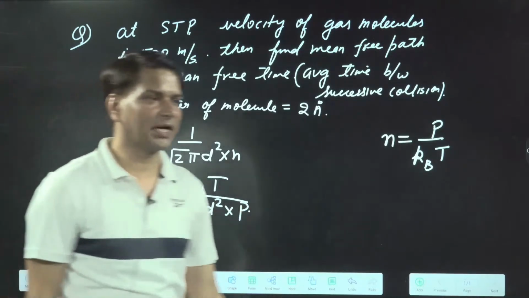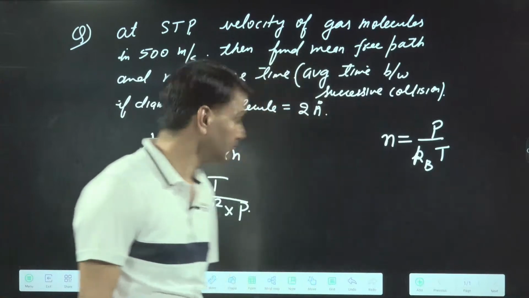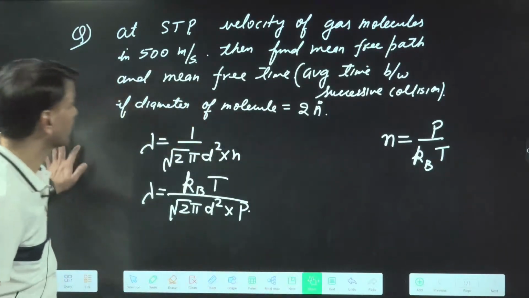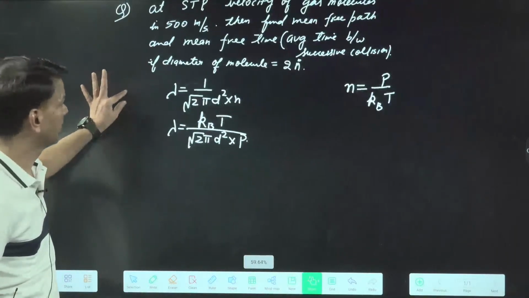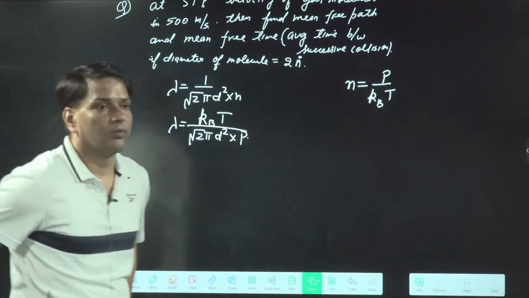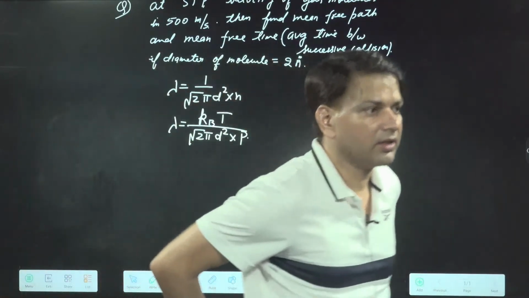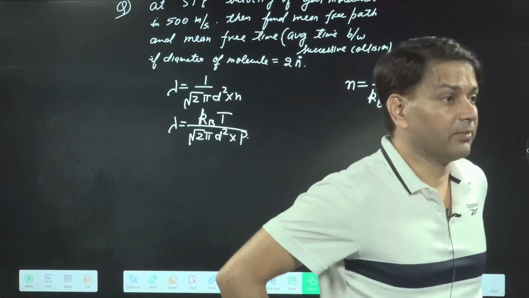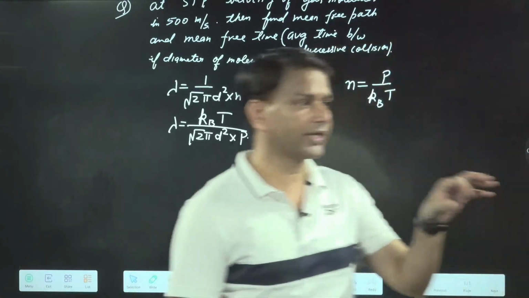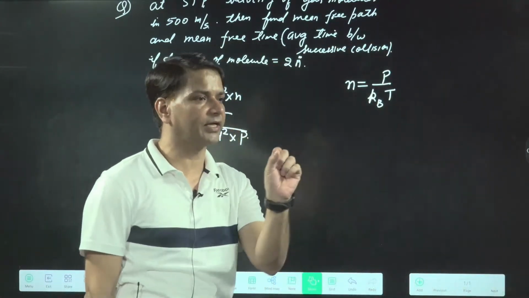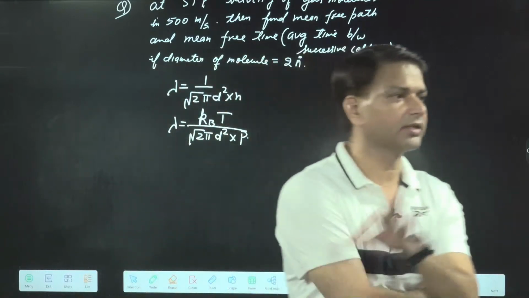Now STP pressure, what pressure will you put? Tell fast. 1 atm. But like R value, K value we are using 1.38 into 10 to the power minus 23.